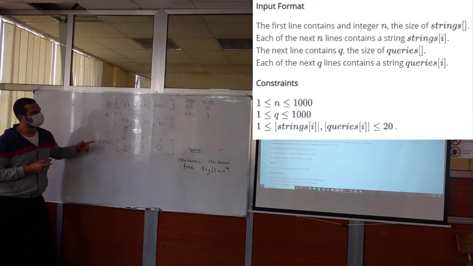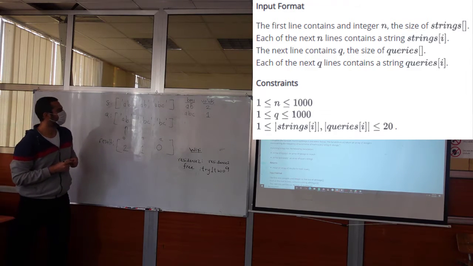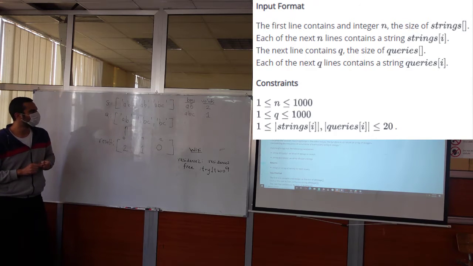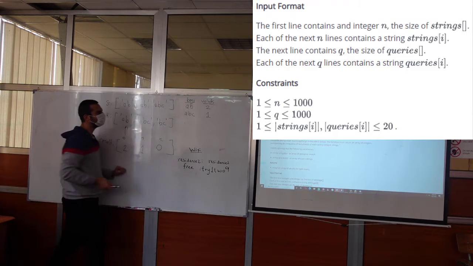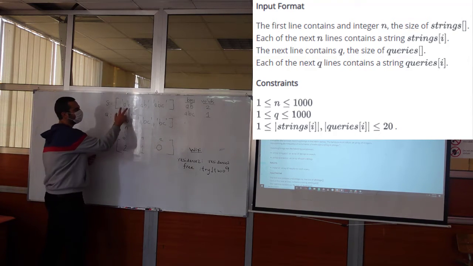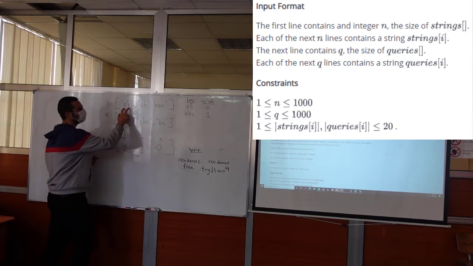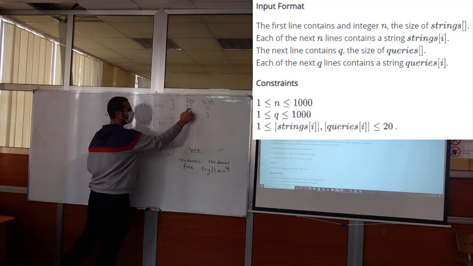So can you tell us more about the extra memory that the map is introducing? Is it just the number of strings in the array or something more? It's actually the number of unique strings. For example, we have 2 times AB here, but we just keep track of it once.